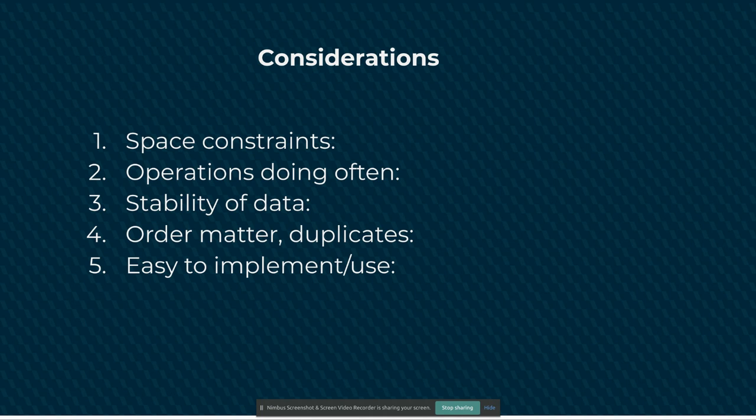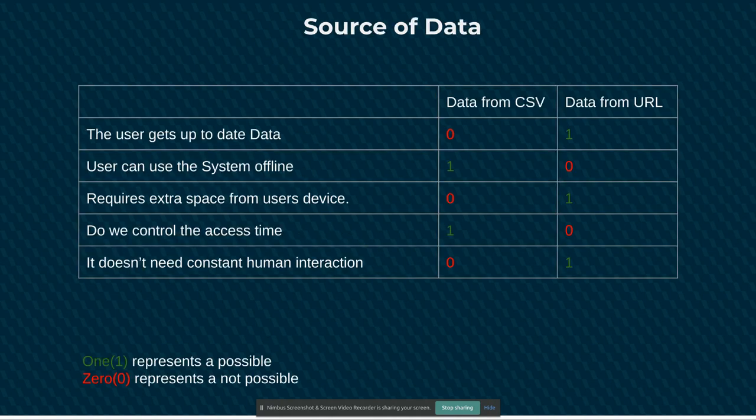The other one was stability of the data, if it can be able to handle a lot of people. The other one was if order matters, do we need duplicates and where do we need them, and then easy to implement and easy to use for both the developer and the user, both backend and frontend.